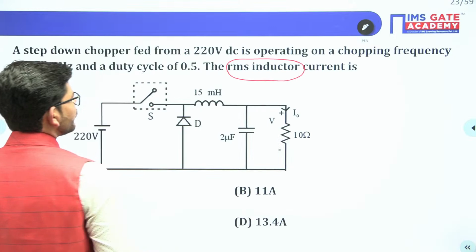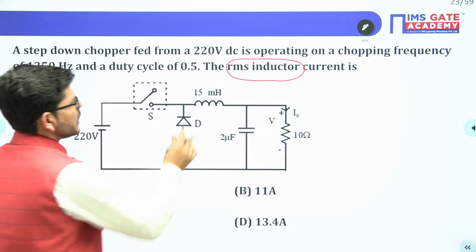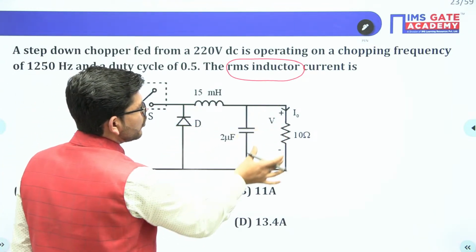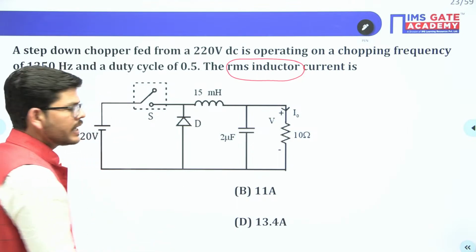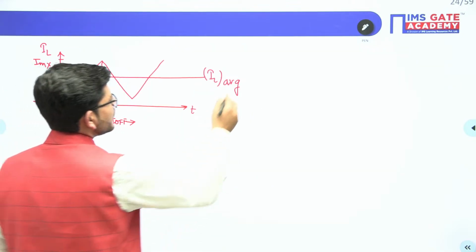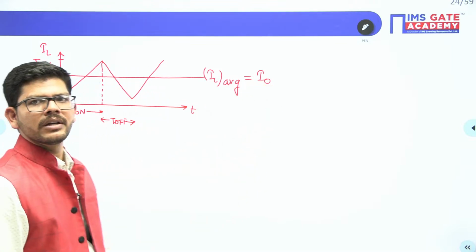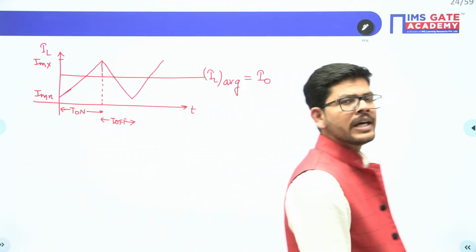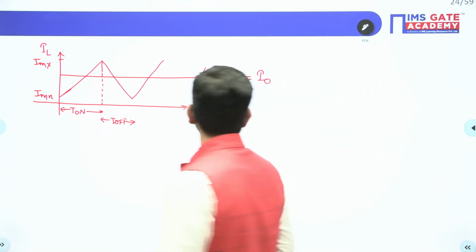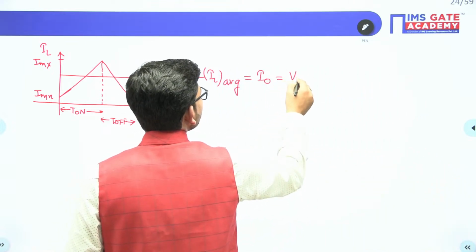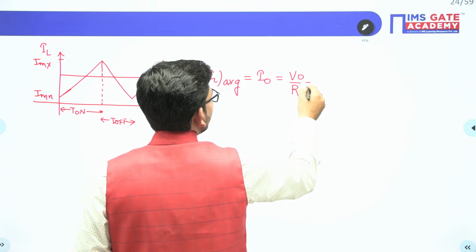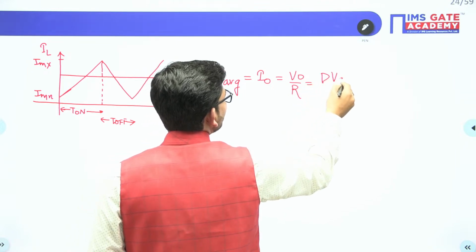If you see the figure, the inductor will carry the load current all the time, isn't it? So the average inductor current will be equal to I naught. You can calculate I naught very easily by V naught by R. And what is V naught in case of buck converter?